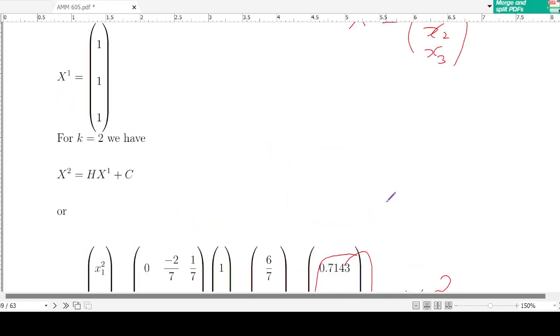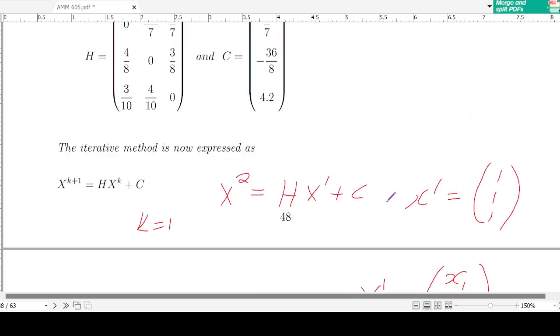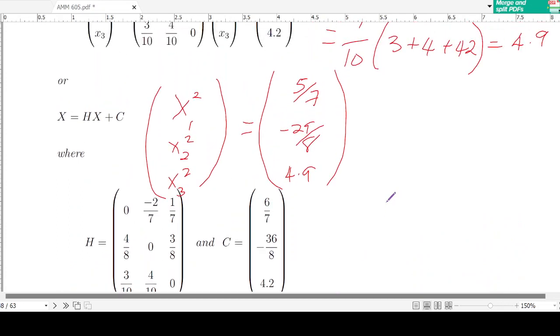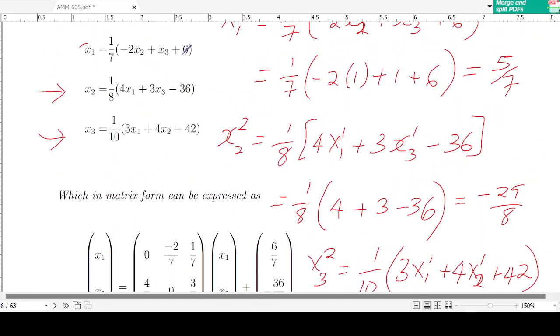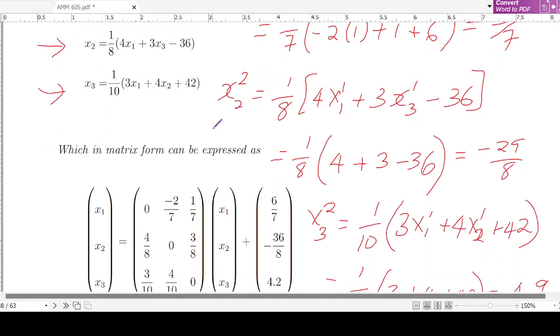After we get that, we can go back to our system again. Now from the first equation, if we go back to the first equation here, this one, now we can use the solution that we have obtained. X2 here is minus 29 over 8, and X3 is 4.9, and we get a better approximation to X1.